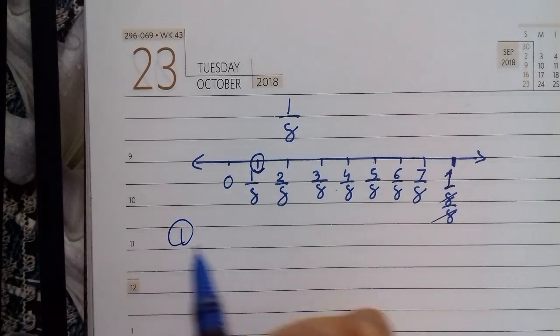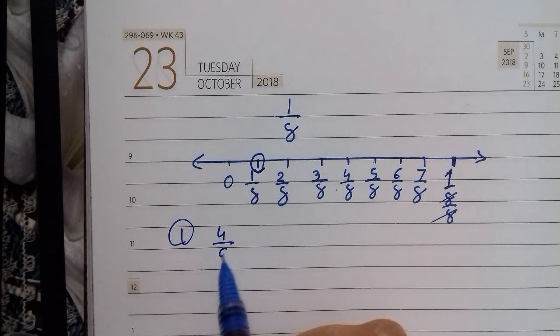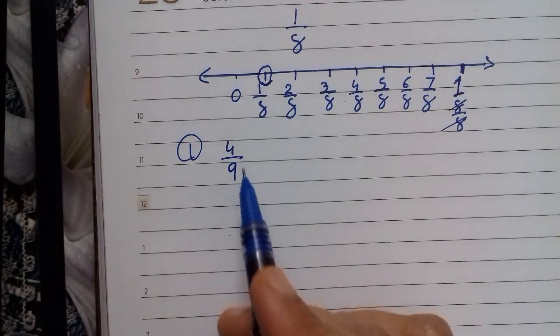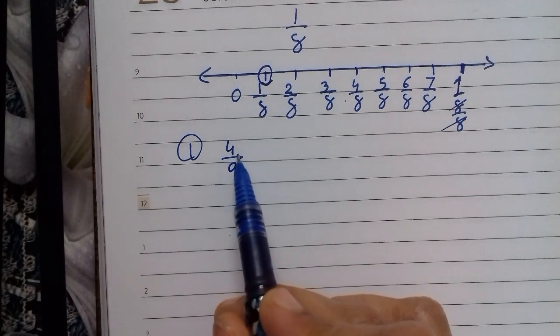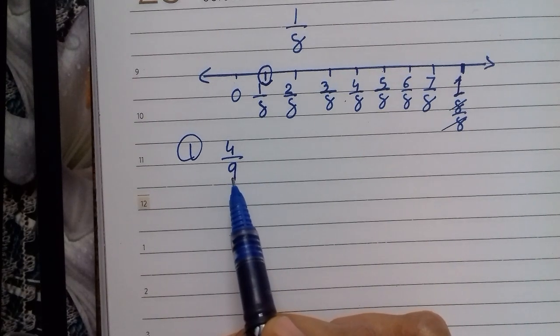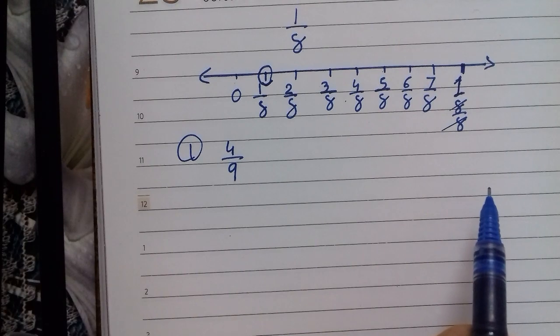For example, 4/9. 4/9 means 4 of 9 equal parts on the right side of 0.